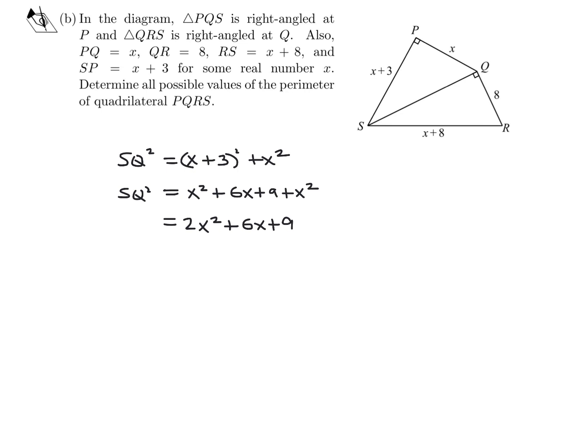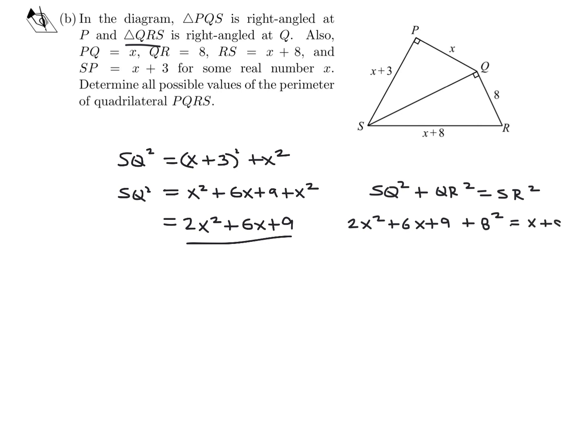We're going to use the other triangle, QRS, for that. So in that triangle, SQ squared plus QR squared is equal to SR squared. SQ squared we just figured out, 2x squared plus 6x plus 9. QR squared is 8 squared. SR is x plus 8, squared.